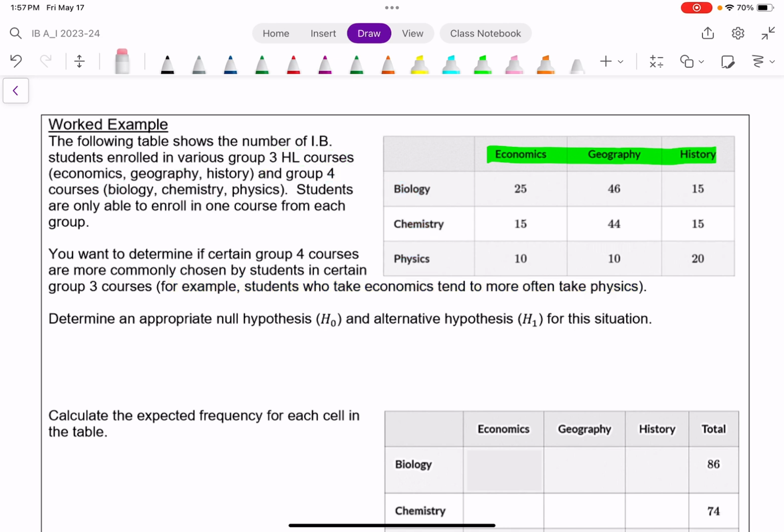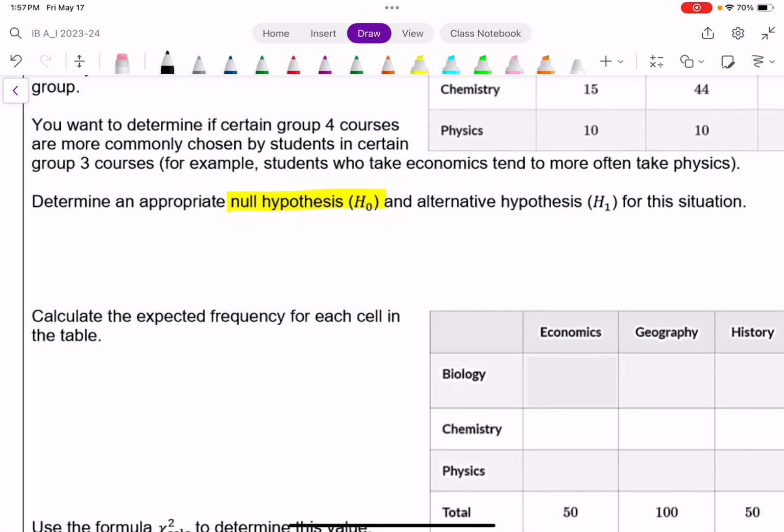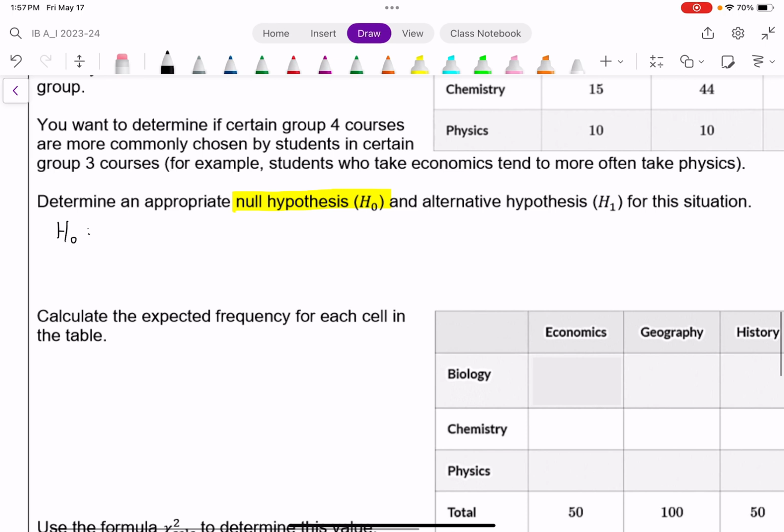With that said, first we need to make our hypotheses, and we always have two types. We start with the null hypothesis, which is denoted H with a subscript 0. That is always the hypothesis that there is no connection, or that, in this case, they are not dependent on one another. Another way of saying that, for H naught, my null hypothesis, is that the choice of taking either a Group 4 or Group 3 course is independent of one another.